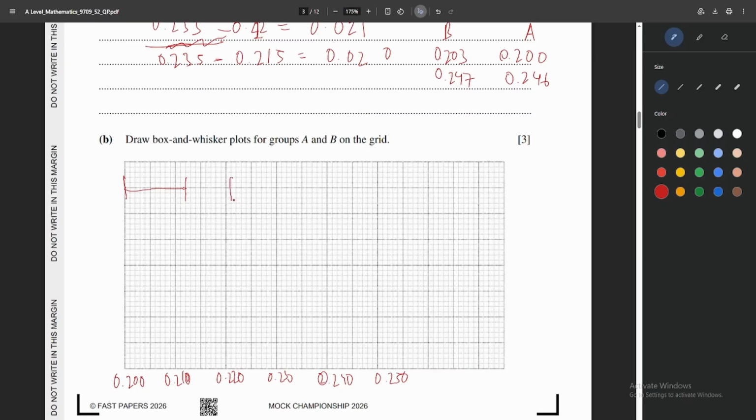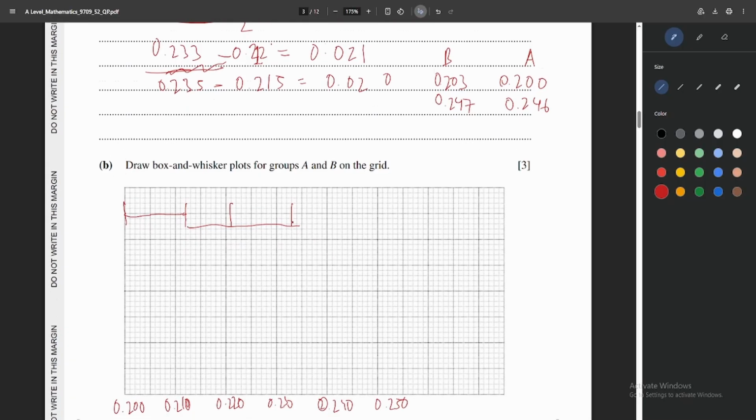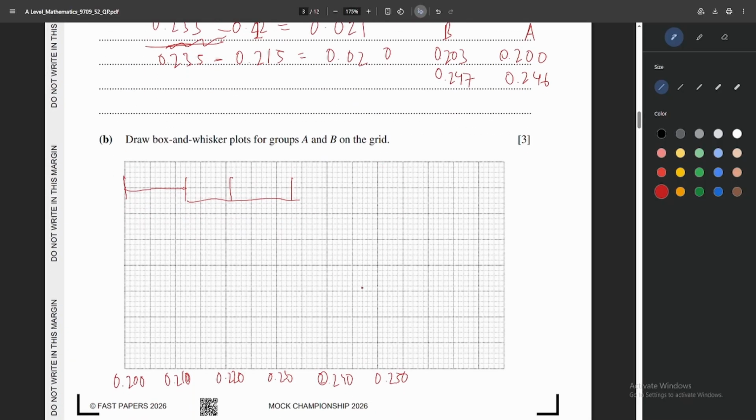The Q3 is 0.233, which is this. Then the maximum is 0.247, which is over here. So: minimum, maximum, Q1, Q3, and the median. Okay, so that's group A.